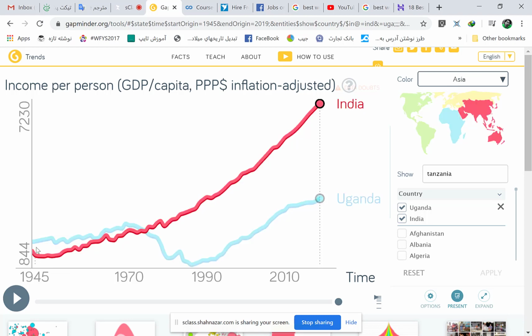India is below Uganda. As you know, India and Uganda have the same background because of the British government. It was in India and also in Uganda. And as you know, the English language is very common in India and Uganda.